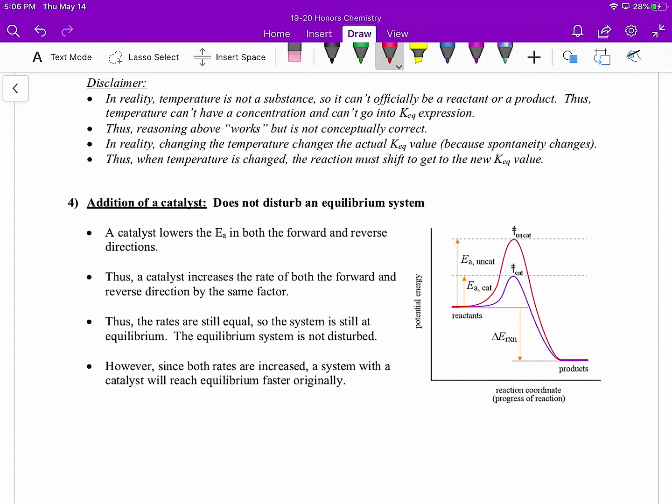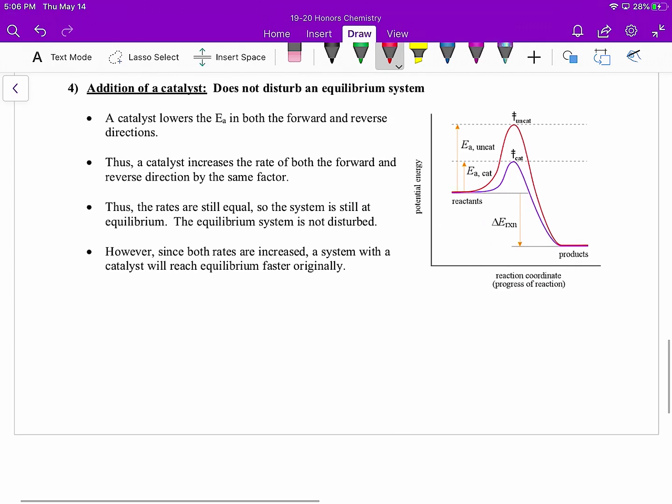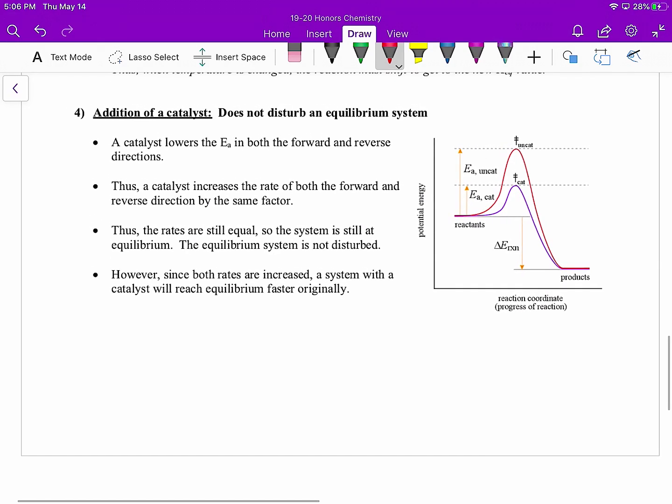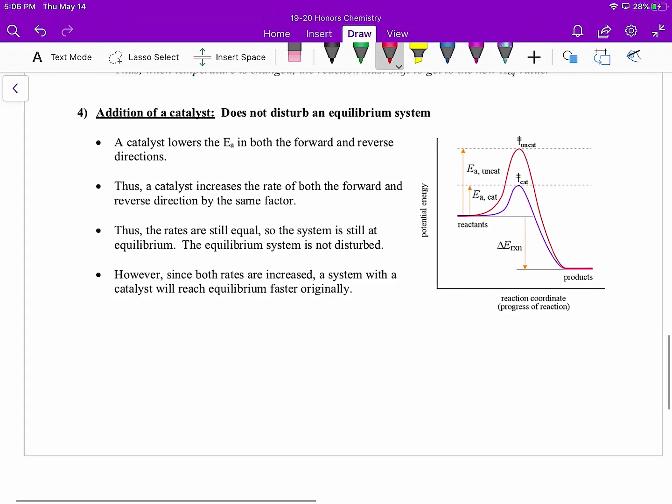Now the last way we talk about changing a reaction is by adding a catalyst. But adding a catalyst affects the kinetics. It doesn't actually disturb the equilibrium, because what actually happens is that both the forward and reverse reactions get faster. Right?